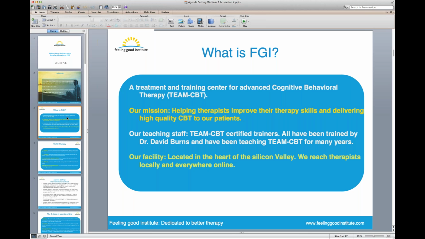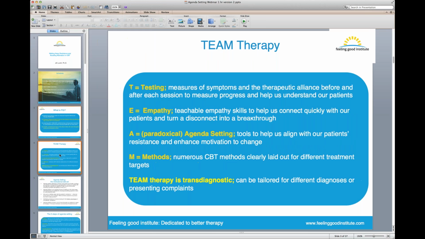Our teaching staff are all TEAM CBT certified trainers. All of us have worked and trained with Dr. Burns and have been teaching TEAM CBT for many years. Our facility is located in the heart of Silicon Valley in Mountain View, but we do a lot of teaching and training both locally and online, so we're able to reach people across the globe.